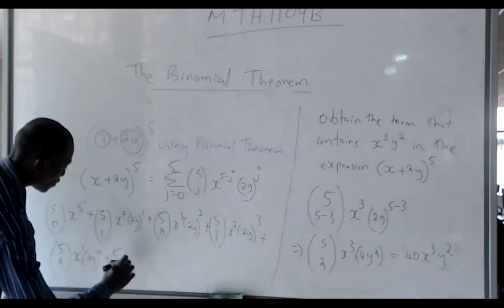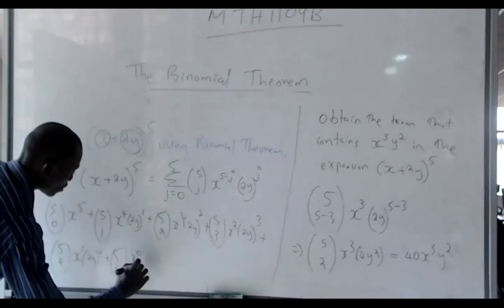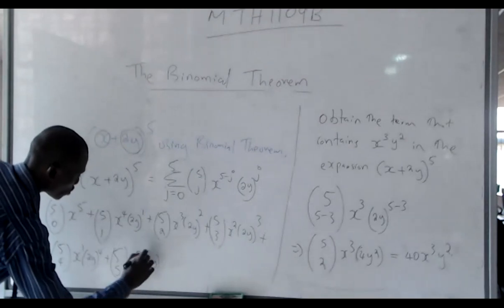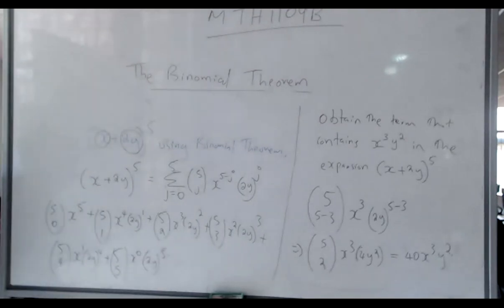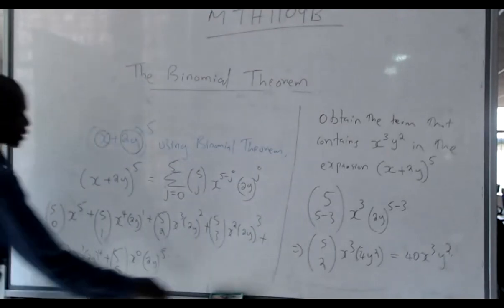So now j is 5, x to the 0, 2y to the 5. This is what the theorem tells us.